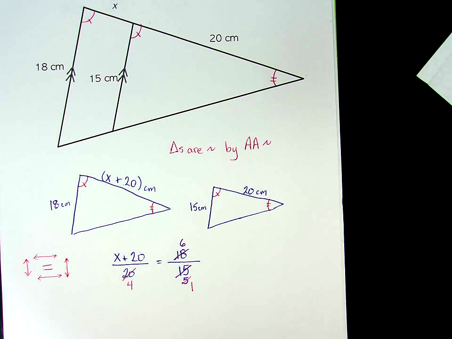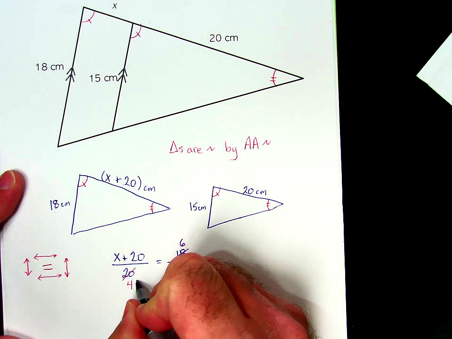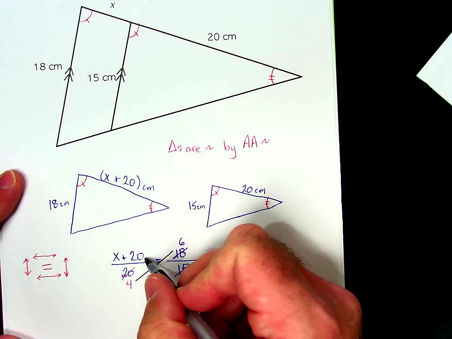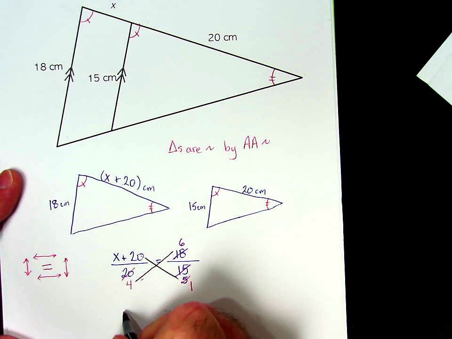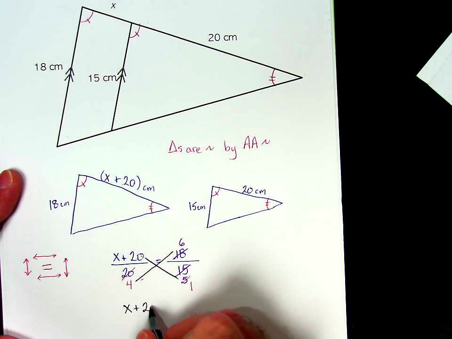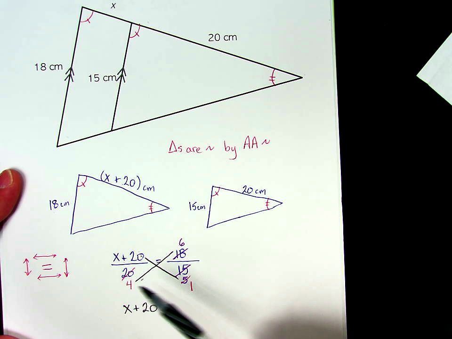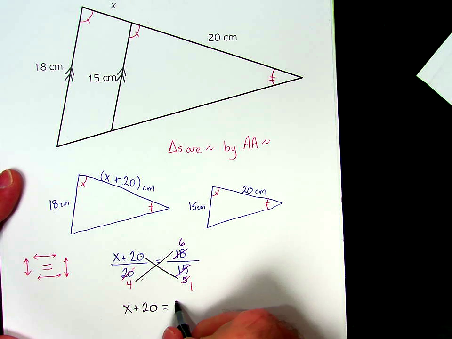So when I do the cross products, and you don't have to put this in, but it's helpful sometimes to remember in an equals, for a proportion, if I multiply diagonally across that equal sign, the resulting products have to be equal. So x plus 20 times 1 would be x plus 20. 4 times 6 would be 24.